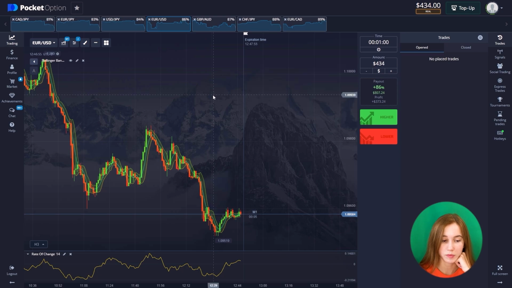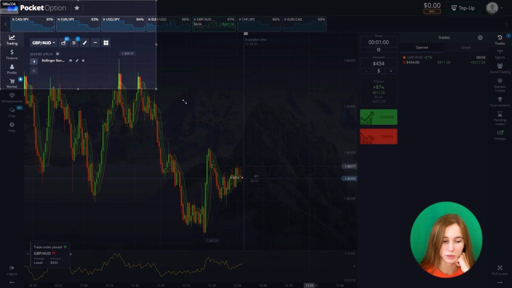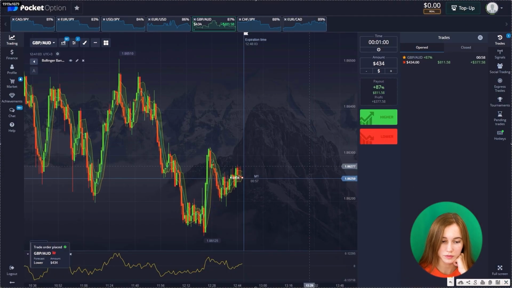Let's increase the amount of the next deal. So we are here, up and down deal. We see 3 candles and 4th also red. For decline, the indicator fell a little.